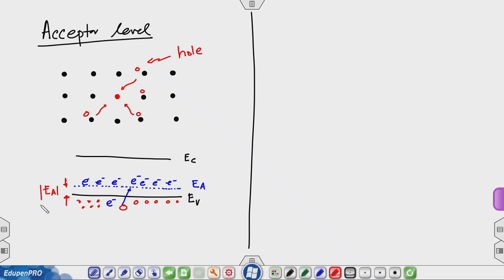Now, if you look at the corresponding picture in terms of holes, what is happening is this.